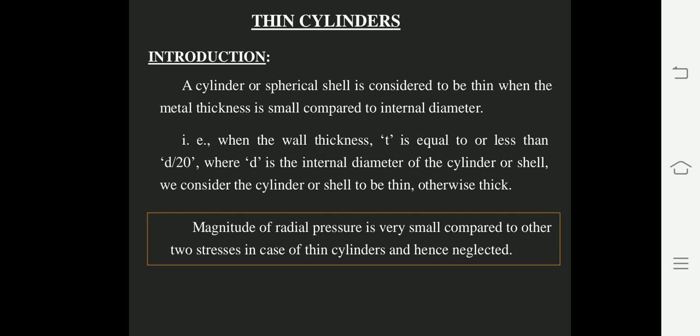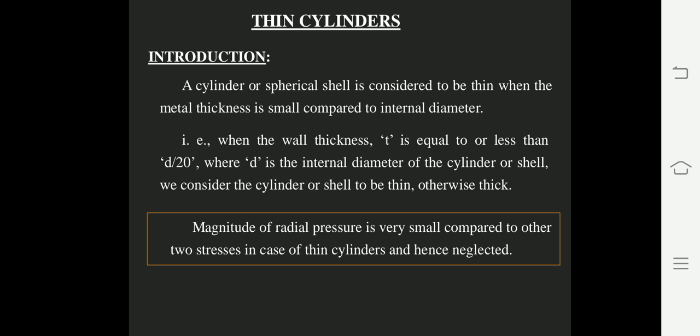Which cylinders are to be considered as thin cylinders? This main question may arise in your mind. A cylinder or spherical shell is considered thin when the metal thickness is small compared to the internal diameter.